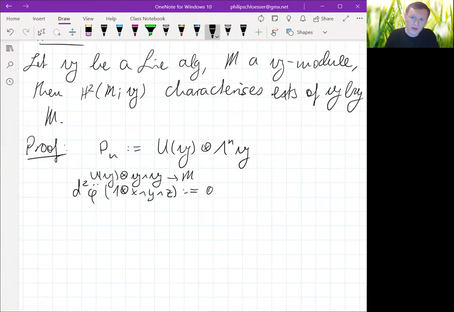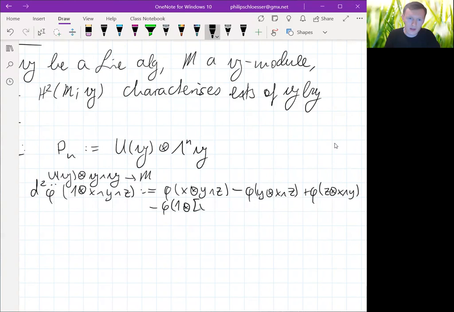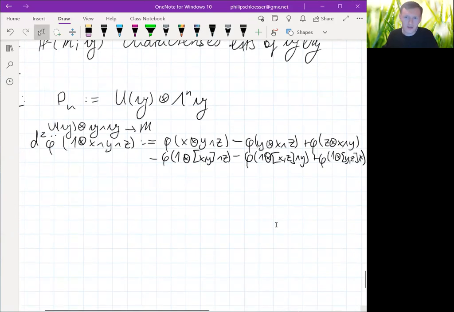and this one is equal to phi of X tensor Y wedge Z minus phi of Y tensor X wedge Z plus phi of Z tensor X wedge Y minus, and now we have a bunch of Lie brackets, phi of 1 tensor XY wedge Z minus phi of 1 tensor XZ wedge Y plus phi of 1 tensor YZ wedge X. I guess if you look closely, you can find some sort of the expression for the exterior differential from differential geometry in there.